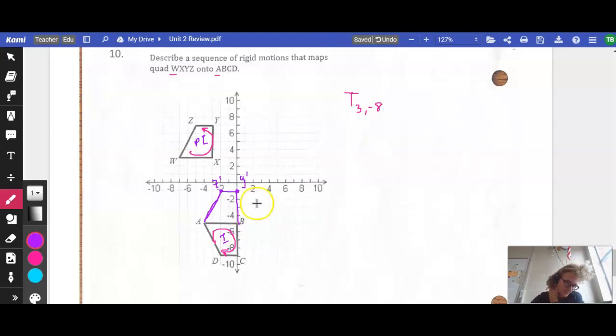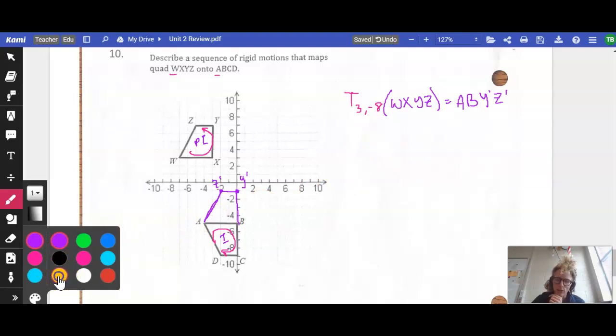So this was quadrilateral WXYZ, and W becomes A, X becomes B, Y becomes Y prime, and Z becomes Z prime. AB, Y prime, Z prime. Next, is there a reflection?